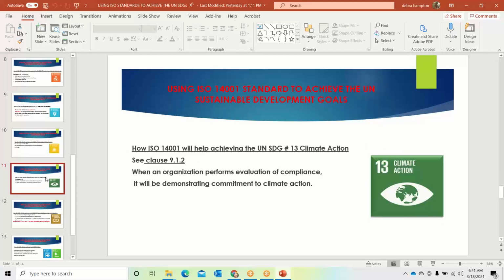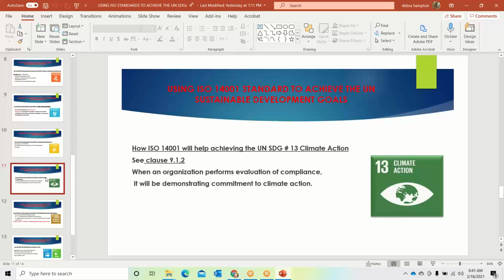So the next slide is how we are going to use ISO 14001 to achieve the United Nations Sustainable Development Goal number 13, which is climate action.